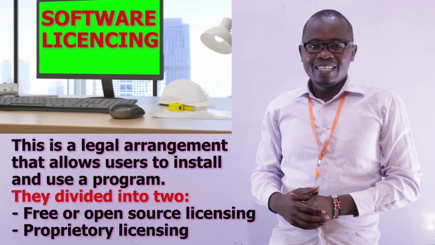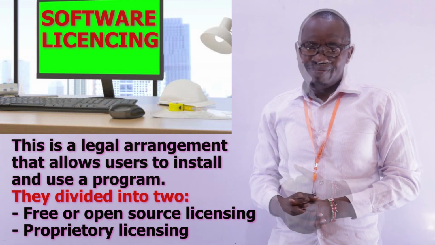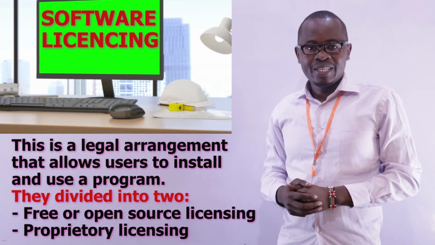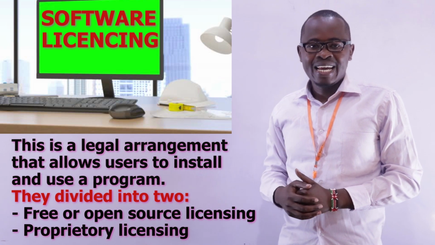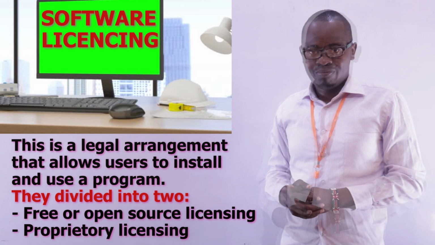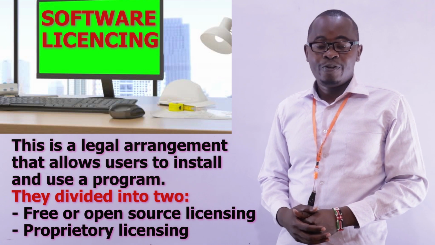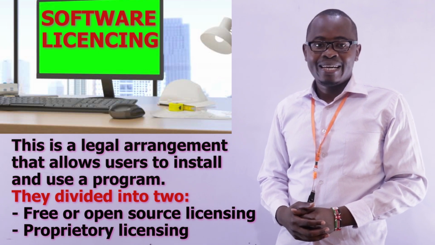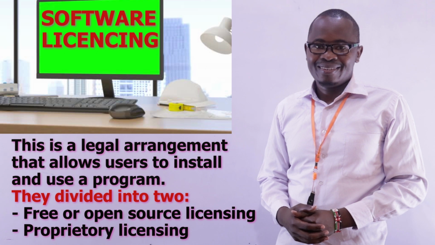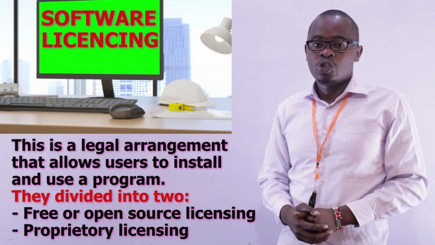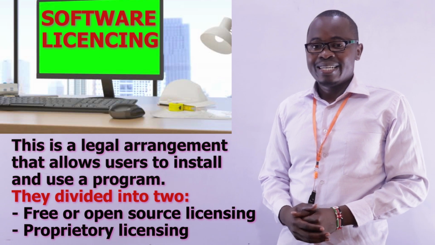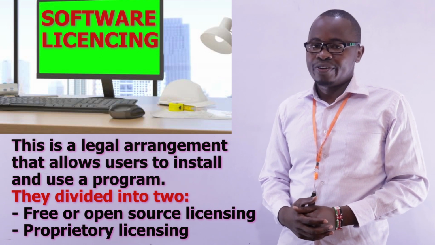The second segment is software licensing. This is a legal arrangement that gives the right to a user to install and use the program. There are two types of software that will help us understand software licensing. One is free or open source license, and second one is proprietary.